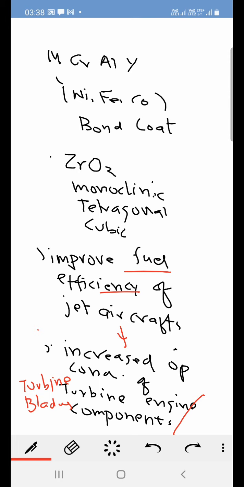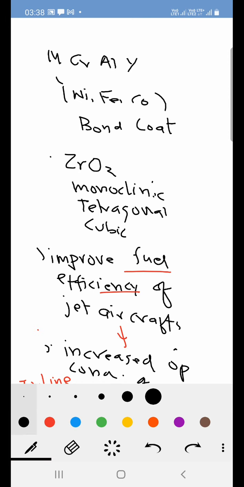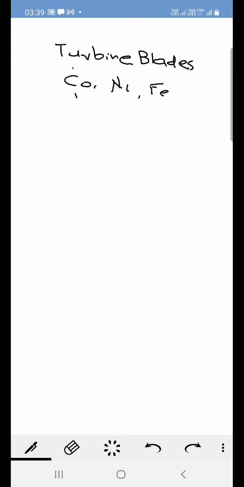Now, the metals used for making turbine blades are cobalt-, nickel-, and iron-based superalloys.